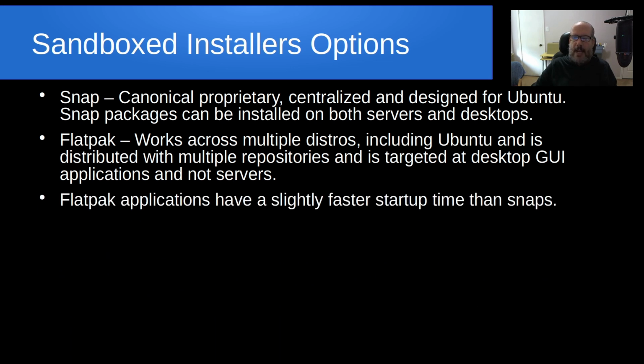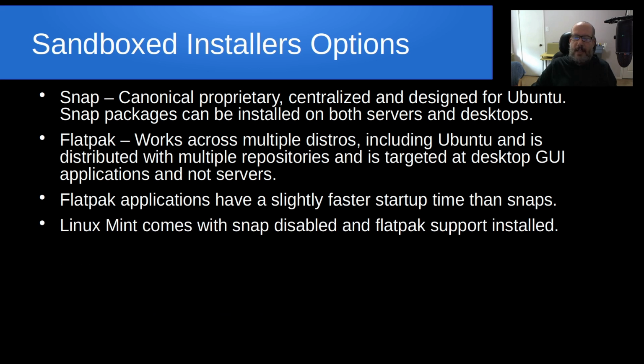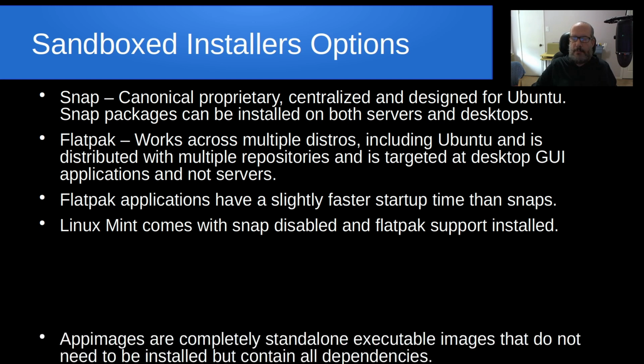Flatpak applications have a slightly faster startup time than Snaps. Linux Mint, as an example, comes with Snap, and it's a Debian-derived distribution, but Snap is disabled on Linux Mint, and Flatpak is installed by default. It is the sandboxed manager for Mint.